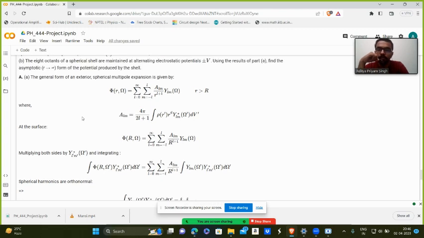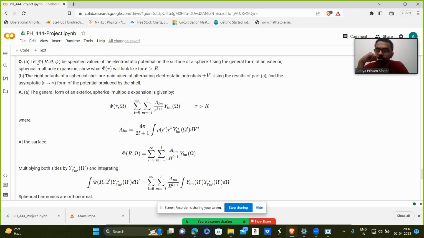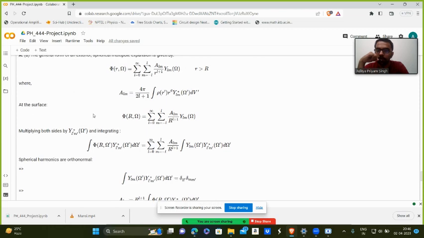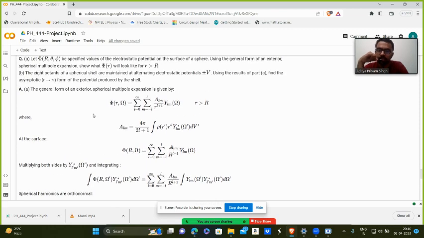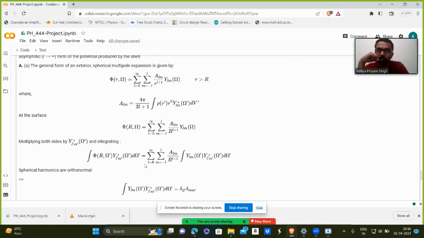So now we know that at the surface, the potential is nothing but phi of r, theta, and phi, which can be simply written as r and omega. So phi of r and omega is the summation over L, summation over m.